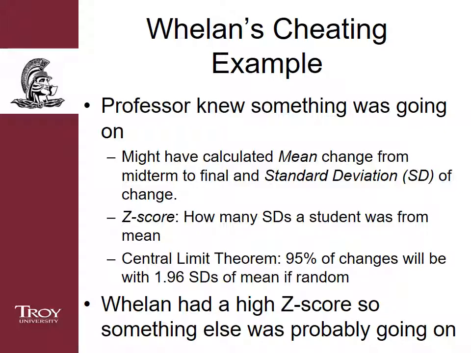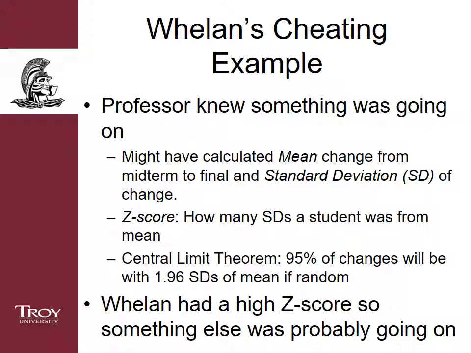And so if any particular student is just randomness, because we know nothing, the world is like that, then we expect to see 95% within 2 standard deviations.